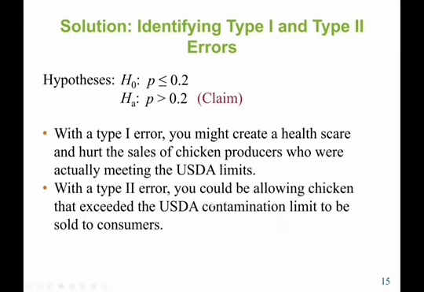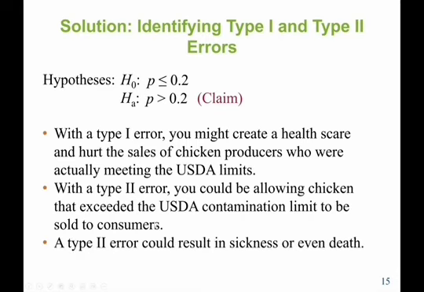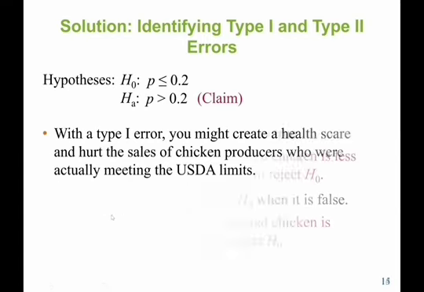With the type 2 error, you could be allowing chicken that exceeded the USDA contamination limit to be sold to consumers. This means a type 2 error could result in sickness or even death, because we didn't reject a false H0.